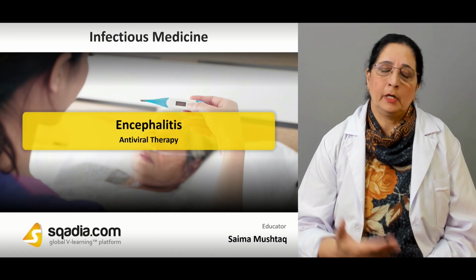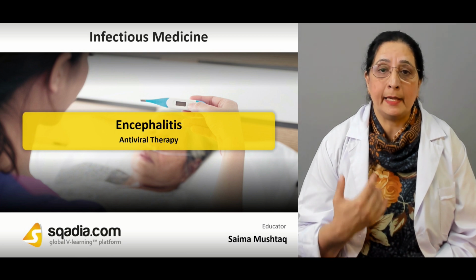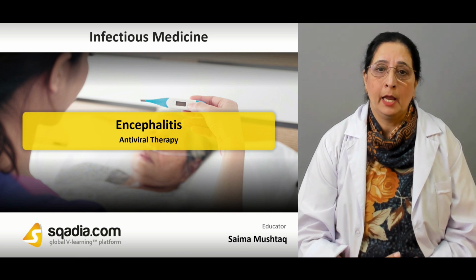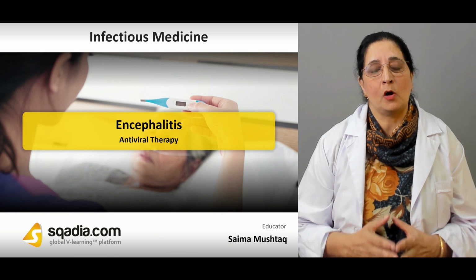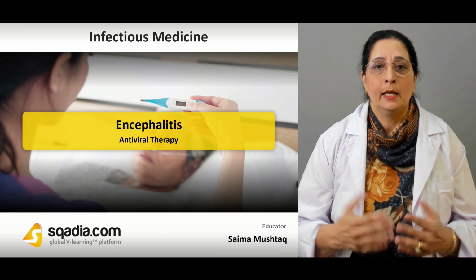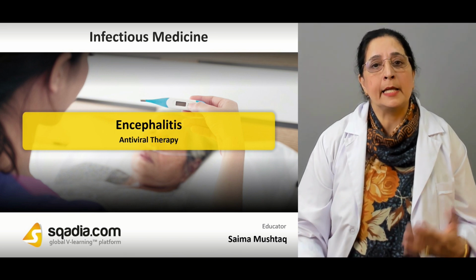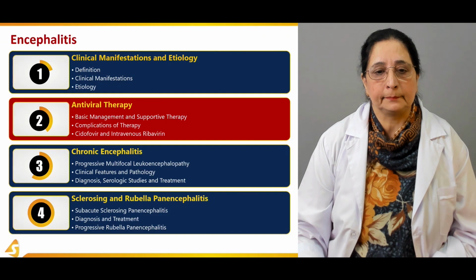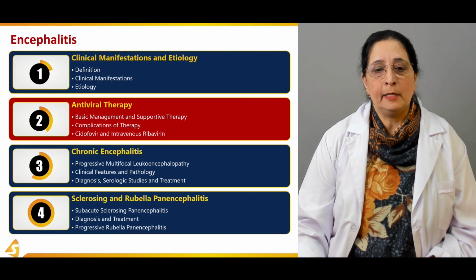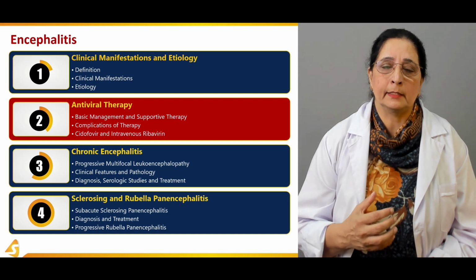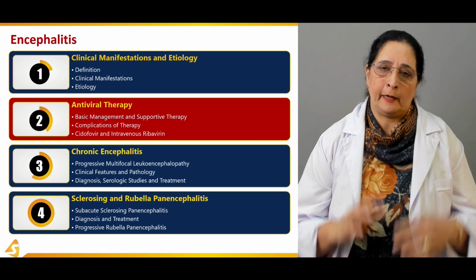So after talking about what is encephalitis, how it can manifest in the patient, and what are different viruses which can cause encephalitis, let's talk in the second section now about antiviral therapy. The common antiviral therapy we will talk about in this section will be the basic management and supportive therapy.